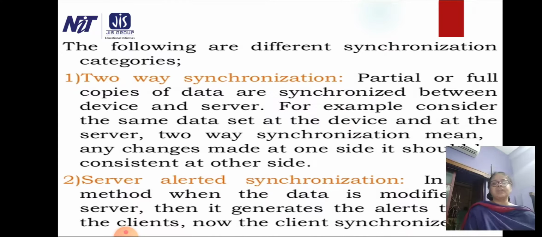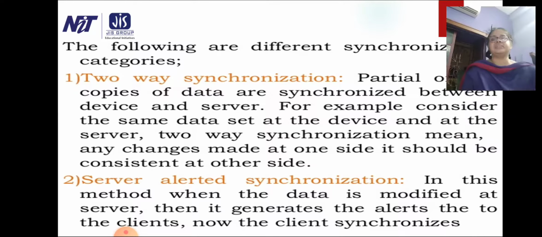Two-way synchronization means any changes made at one side should be consistent at the other side. Server alerted synchronization: in this method, when the data is modified at the server, it generates alerts to the client. Now the client synchronization.